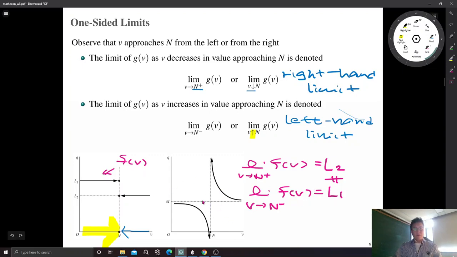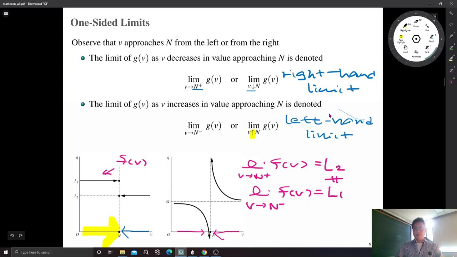Even in this figure on the right, the two one-sided limits at point n are different. If v approaches number n from the left, the function is going down to negative infinity, and if v approaches number n from the right, the function is skyrocketing, so it is diverging to positive infinity.